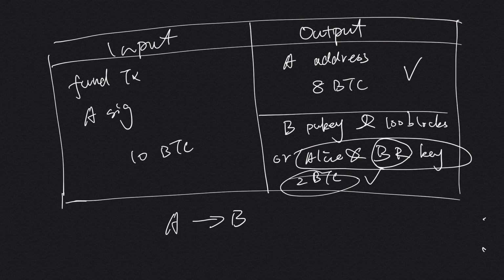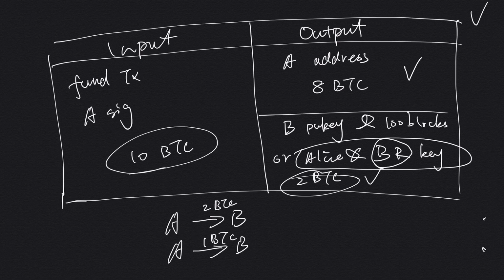So this is the fundamental of the payment channel. If Alice keeps paying Bob, let's say right now, for this transaction, Alice paid Bob 2 Bitcoin, and Alice made another transaction for another 1 Bitcoin. All you need to do is to revoke this transaction and make a new transaction. Say, from the funding transaction of 10 Bitcoin, Alice eventually will get back 7 and Bob will have 3.